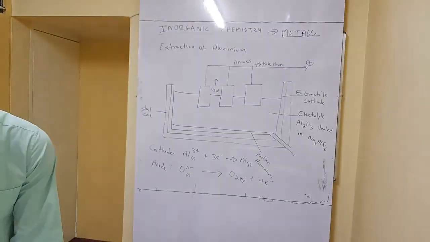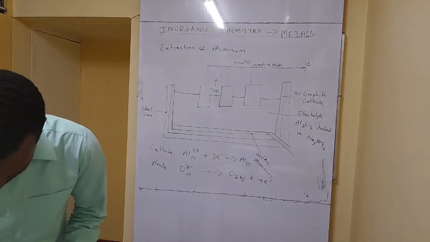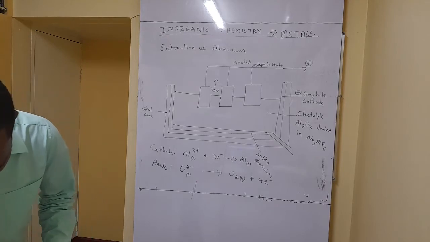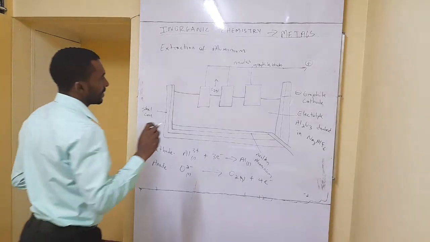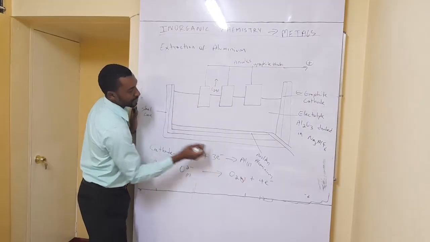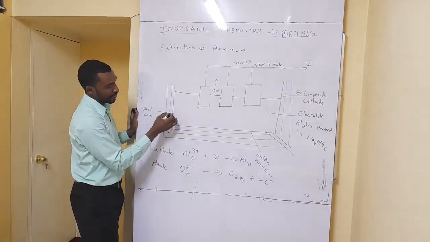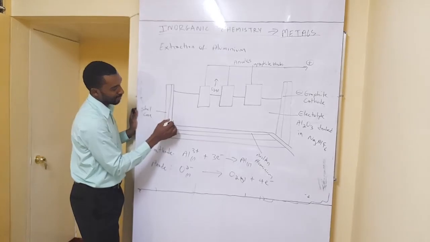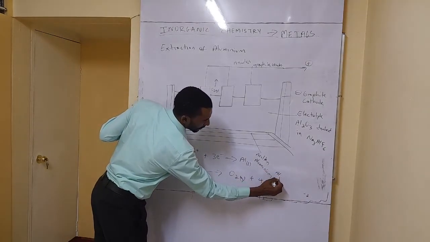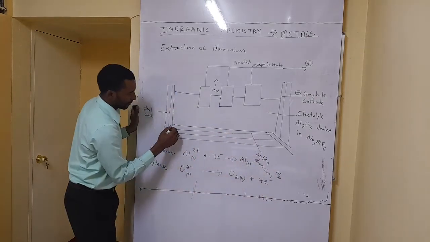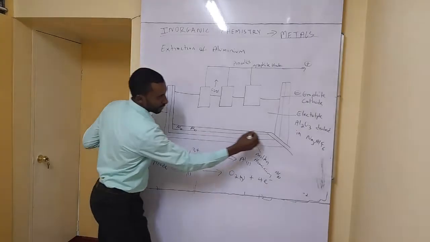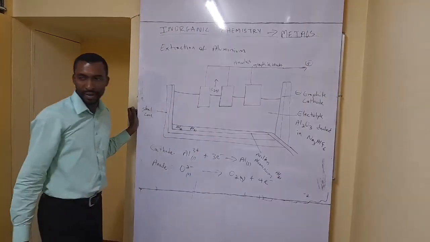Alright? So as you can see, as the aluminum is produced at the cathode, it will gradually fall to the bottom of the solution. So this is Al liquid. And then we will just collect this off as pure aluminum.